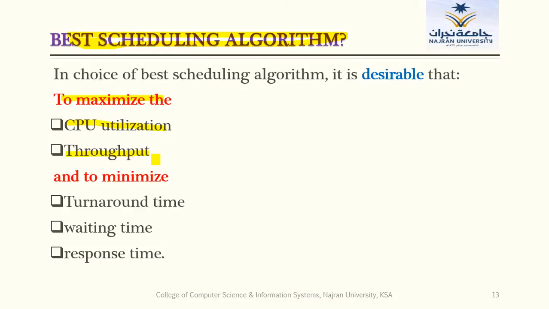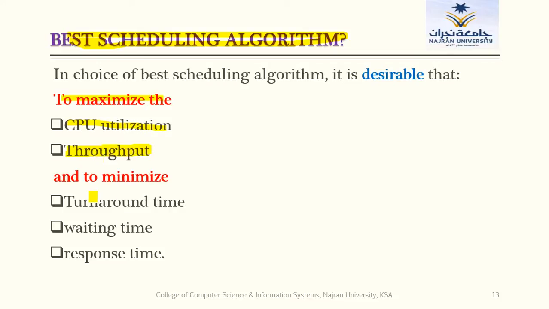So the algorithm that will maximize the utilization, meaning it will not allow the processor to be idle, will be the best one. And throughput is how many processes it can execute in a unit time. So the algorithm which can maximize the throughput is the best algorithm.